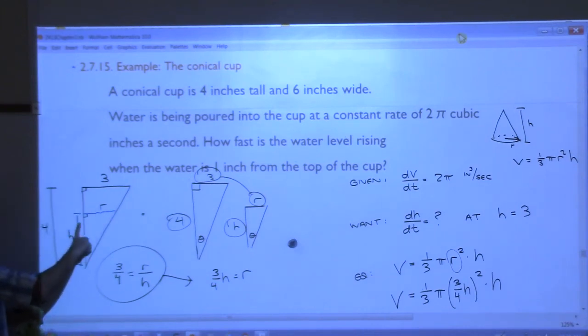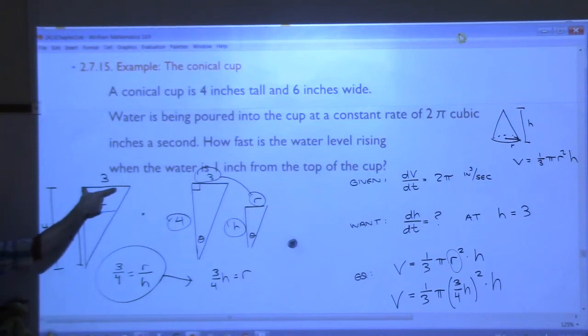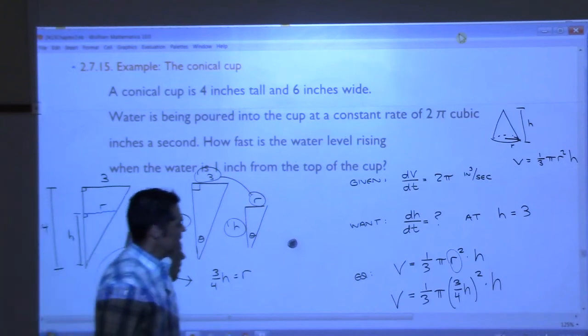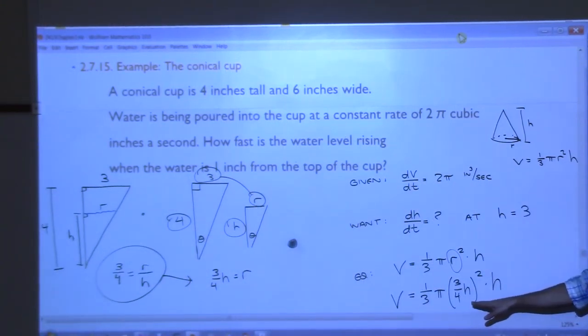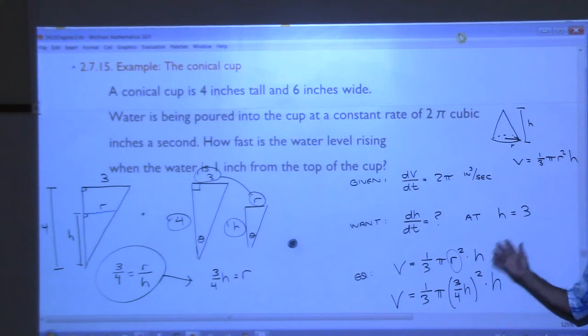This will always be 3/4 of that. It makes sense? Because when you get to the top, isn't it like 3 and that's 4? Okay. All right. We are happy with this equation now because it has just h in it and v, and there's no more r, and we had to do some work for that, didn't we?